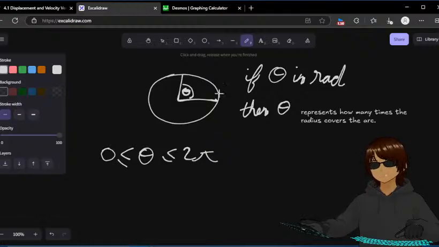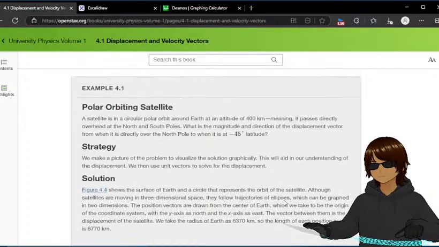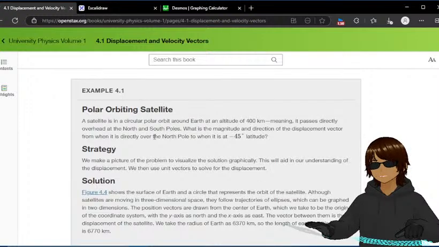Part of the circumference is theta times r. So we need the magnitude of this thing, right? What is the magnitude?